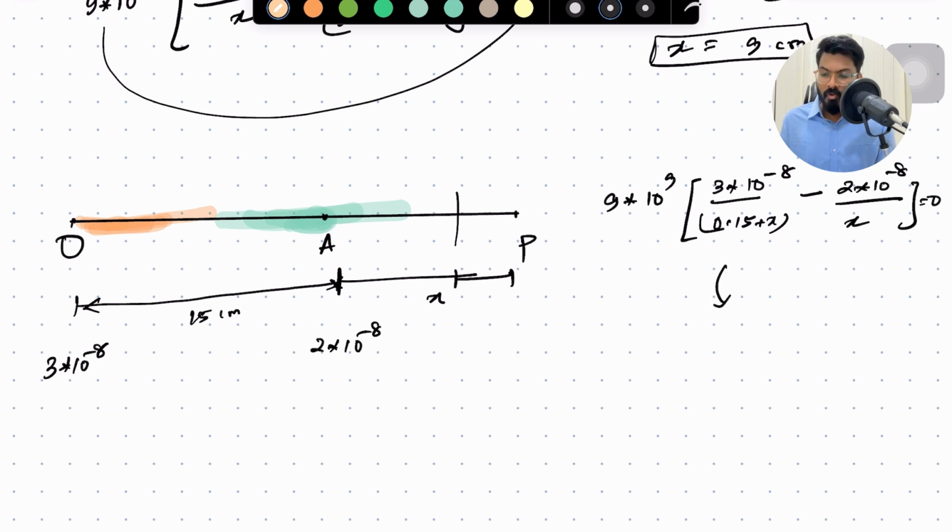Now if you solve for this, you get a value of X equal to 0.45 meter, or 45 centimeter.